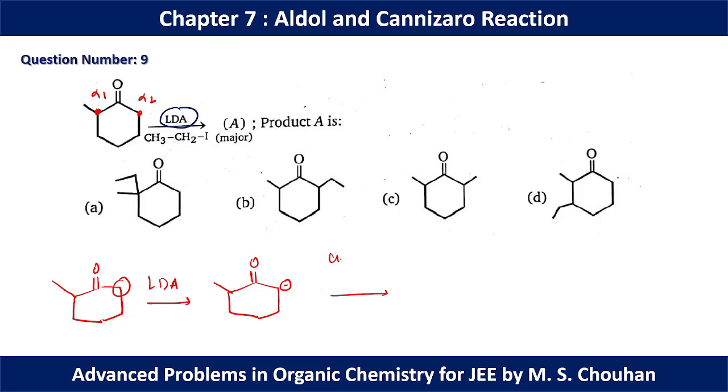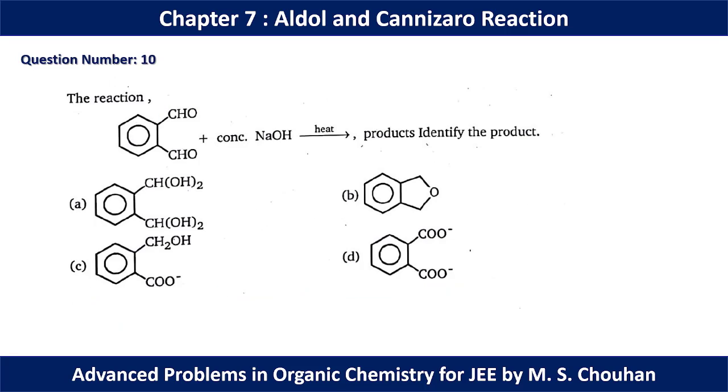Now we have CH3CH2I, so the negative charge can approach, and the leaving group will be eliminated. So we are going to form methyl and ethyl. So option B should be the correct option.